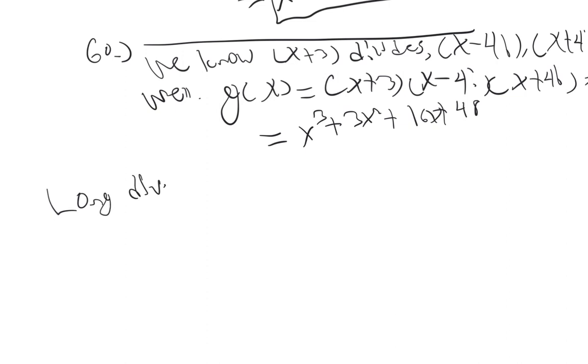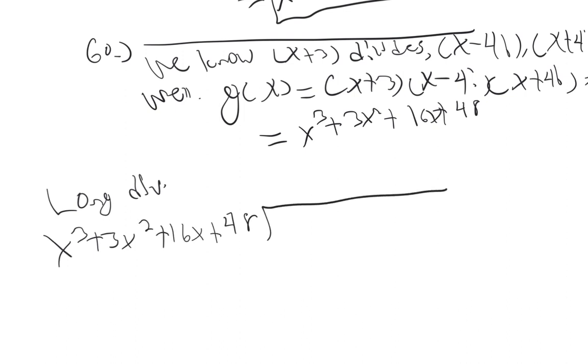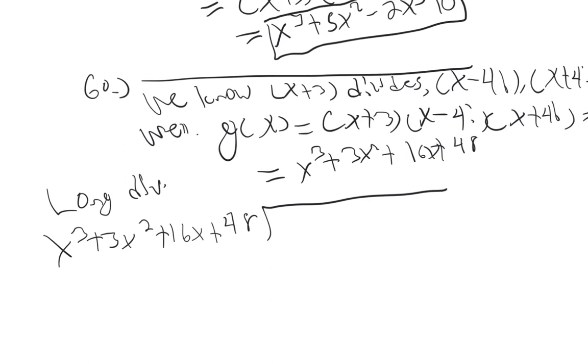So, set it up the same way. We're dividing x cubed plus 3x squared plus 16x plus 48 into, what was it, scroll up a little bit.